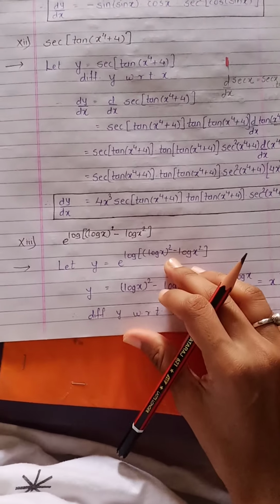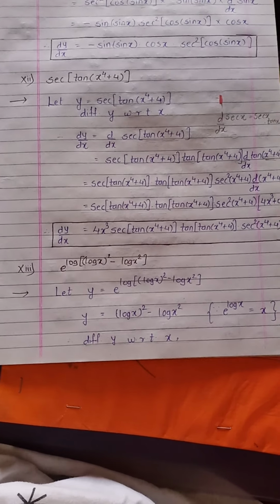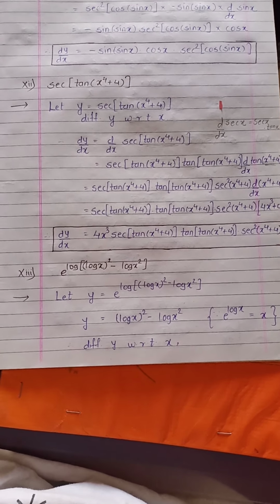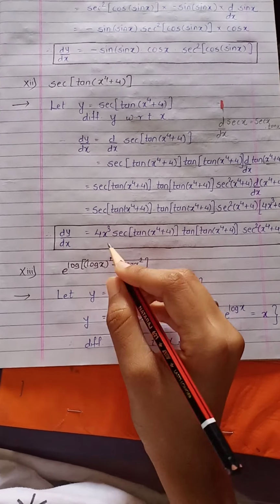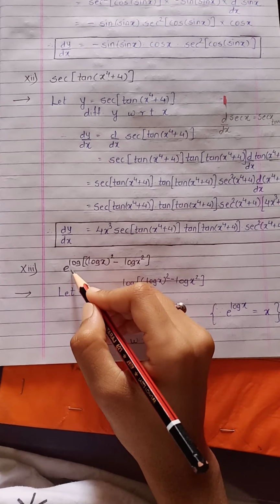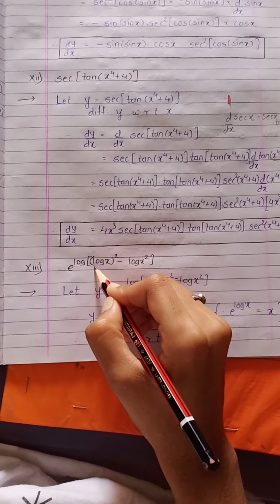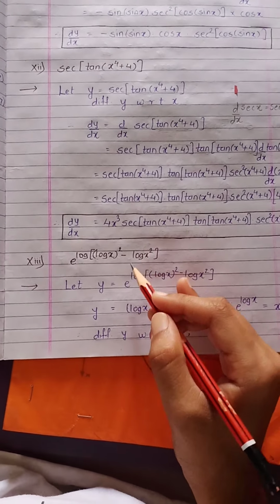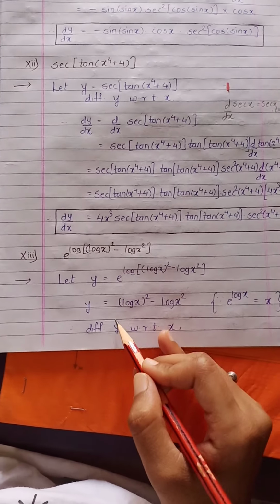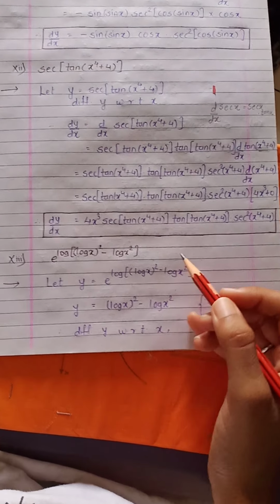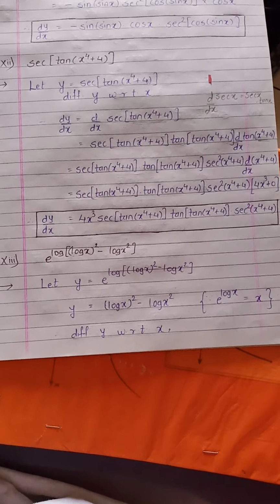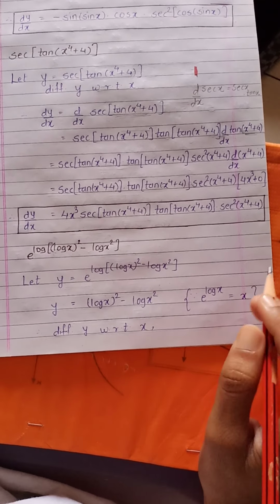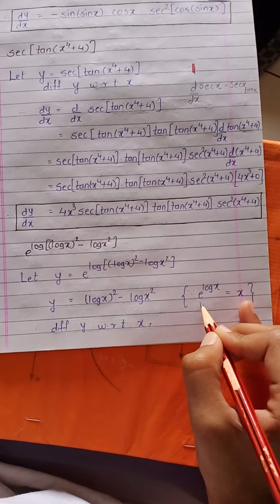Okay. Your next question is e raised to log x square minus log x square. Read this as e raised to log of bracket log x square minus log x square. Consider that function as y. Before differentiating it, as you all know, we have seen this form in 11th.